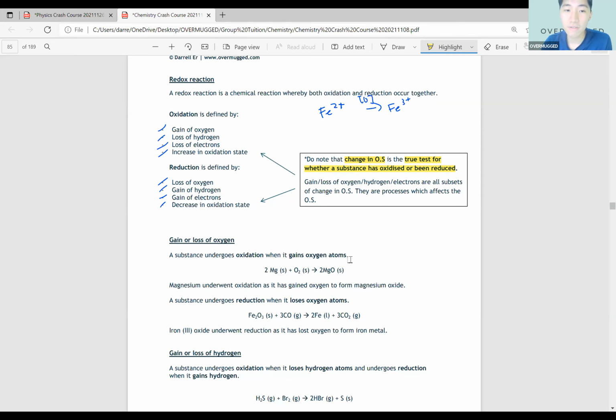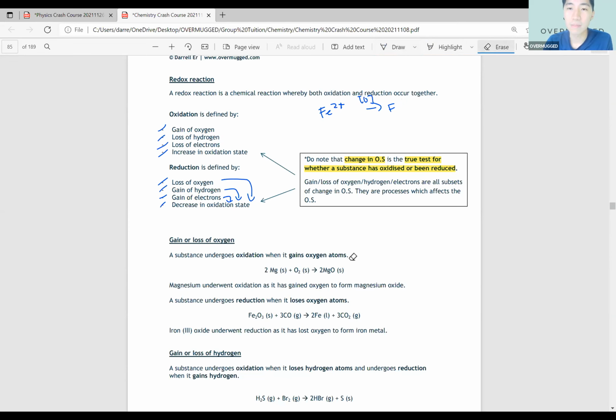Loss of oxygen, gain of hydrogen, gain of electrons, they all help contribute to decrease in oxidation state. So the one that truly matters, the one I can use to confirm whether it oxidized or not, is usually the oxidation state. So oxidation state is usually the best way to check if something has been oxidized.